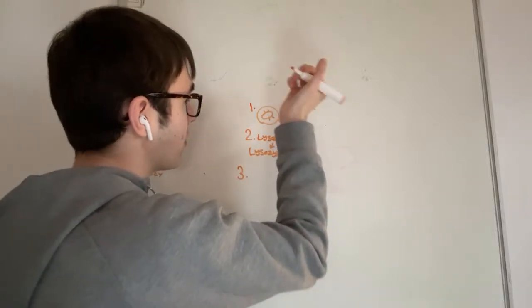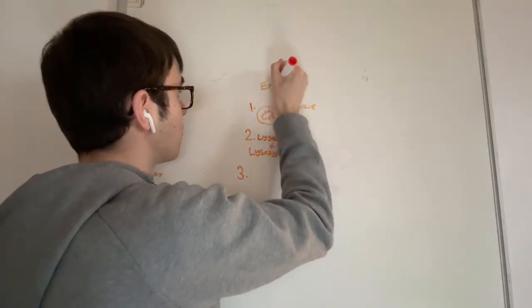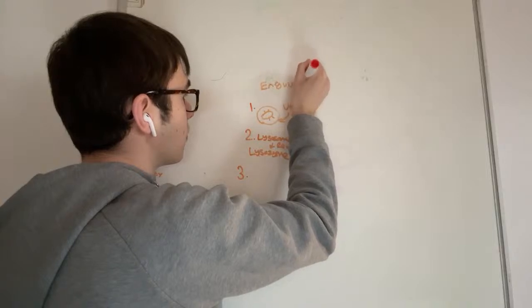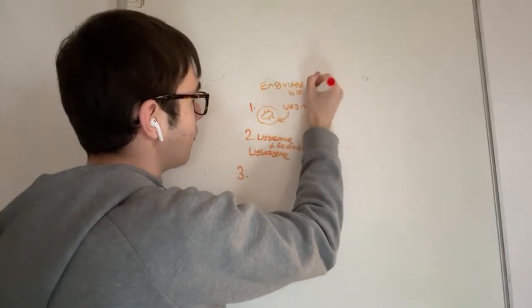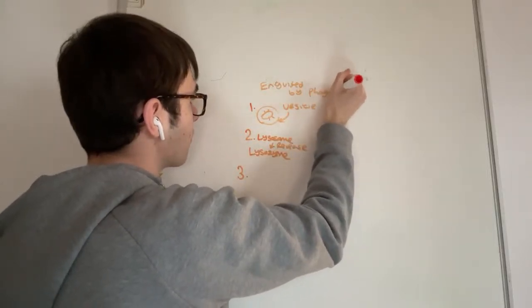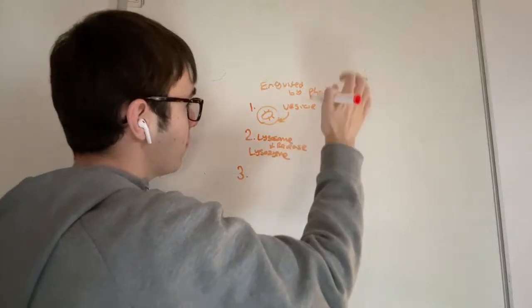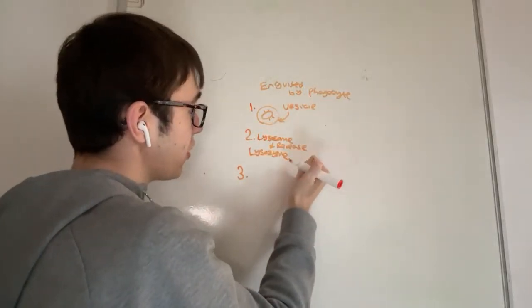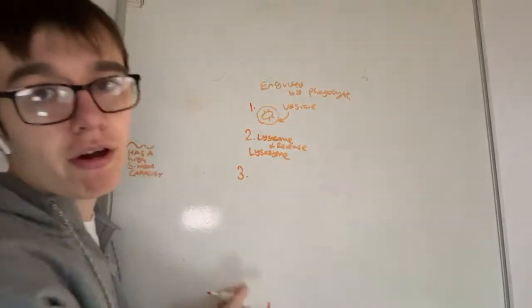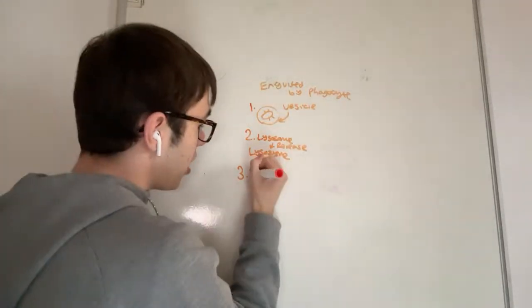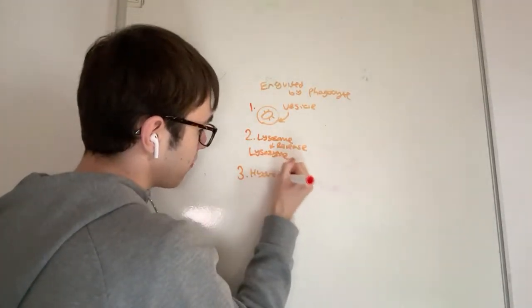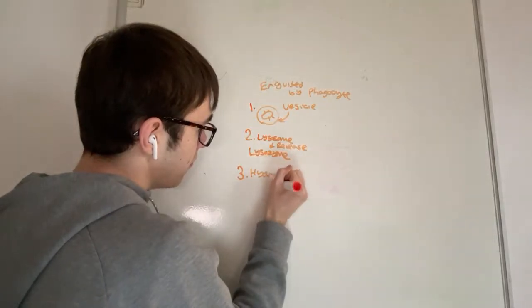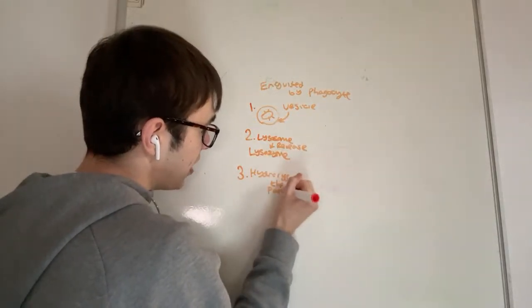So it's engulfed by the phagocyte. The pathogen is then surrounded by a vesicle. Lysosome releases the enzyme lysozyme, which hydrolyzes the pathogen. That's going to be my answer for a 3-mark question.